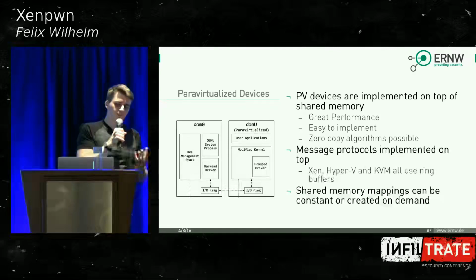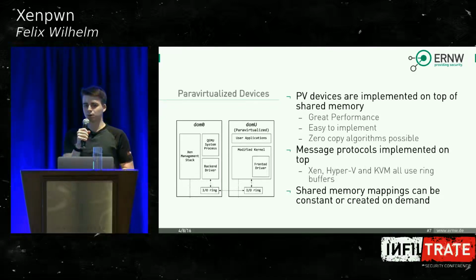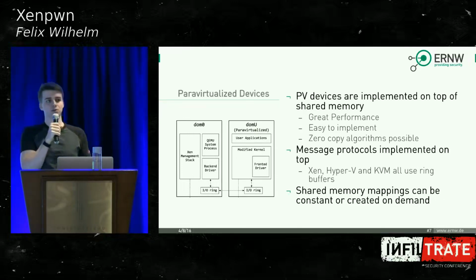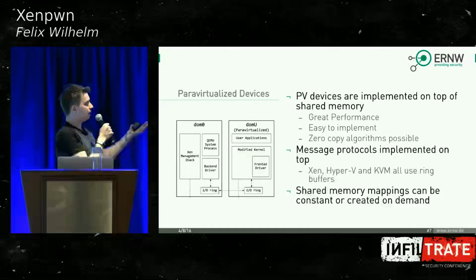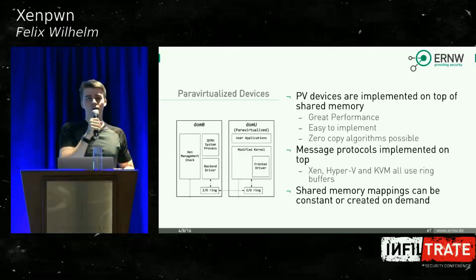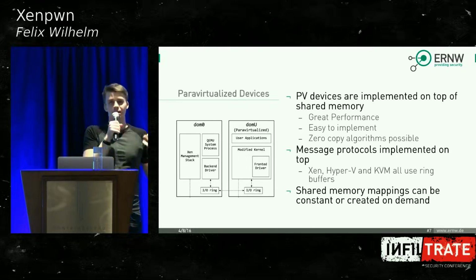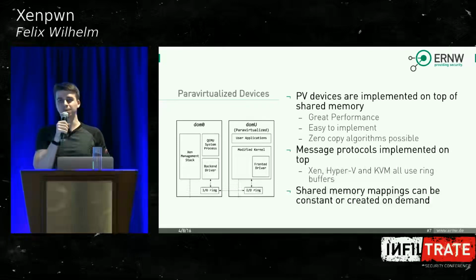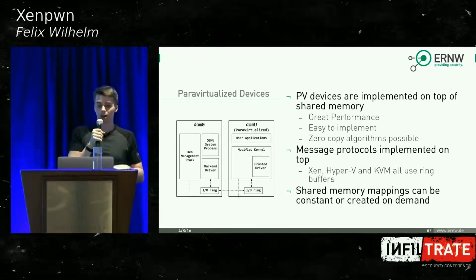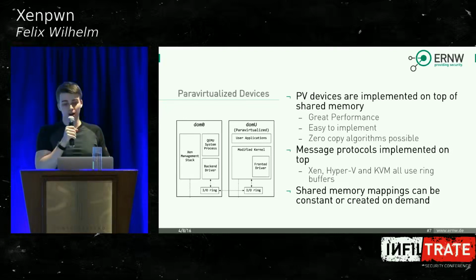And then you have more advanced stuff that's possible if you use shared memory. So for example, an idea is zero copy algorithms. If you pass through a network card to a virtual system, for example, you can do zero copy algorithms, which means the data is directly written into the DMA of the network card, or something like that.